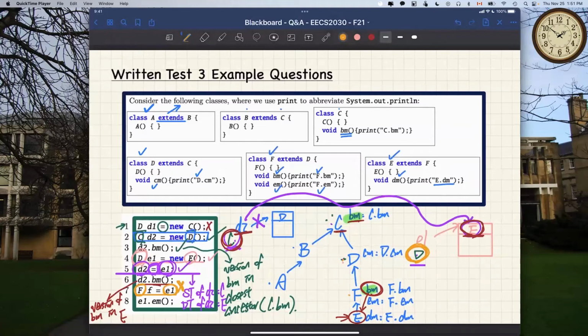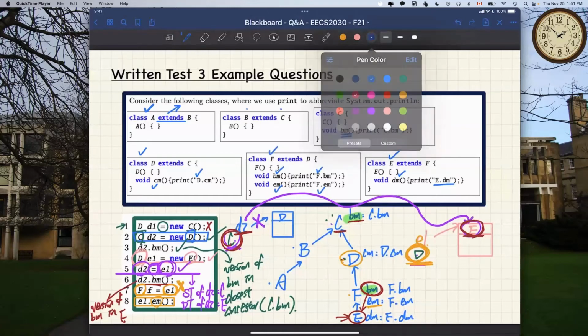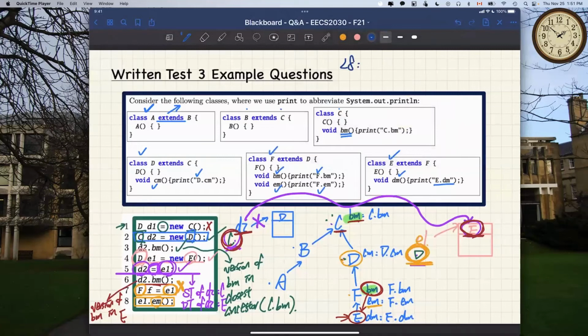All right, so let's now try to invoke this method over here. Let's say E1.EM. E1 over here statically is D. Does D support EM as part of its expectation? If you look at D over here, it does not have an EM, because EM is actually here. So it will not compile. For this line number 8, let me say that in a little more detail.